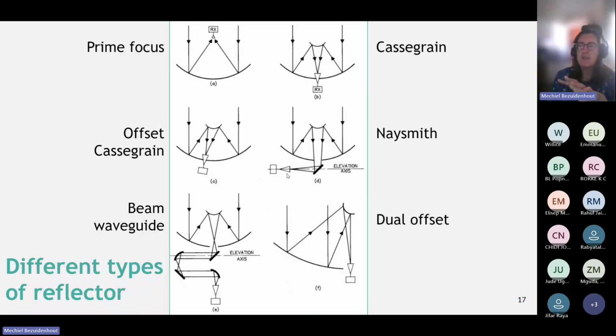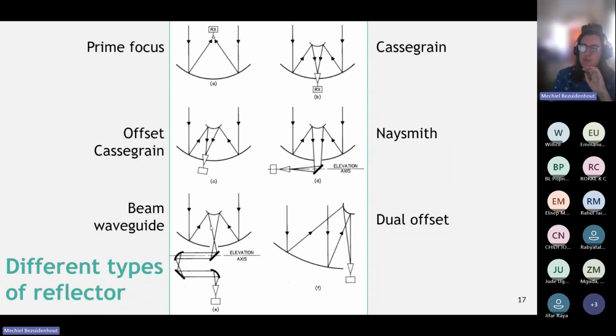So basically, this means that the receiver is external from the telescope itself. You can build, for instance, the receiver on the ground and then just have a series of reflectors guiding the radiation all the way towards the ground before it's received.